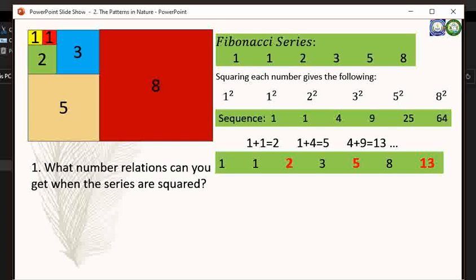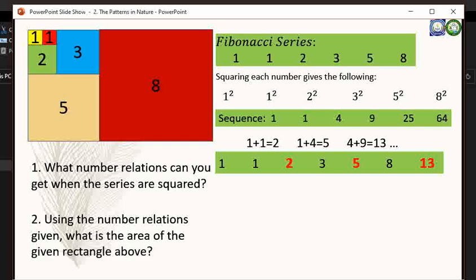It's just amazing that even if we square the numbers, once we add the terms from squaring each term in the original Fibonacci series, we can still find its answers in the original series. Now, notice, if we get the area of the rectangle, given this series, we have two ways to actually get the area.